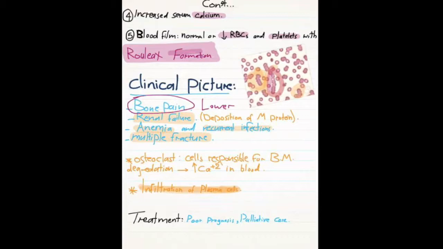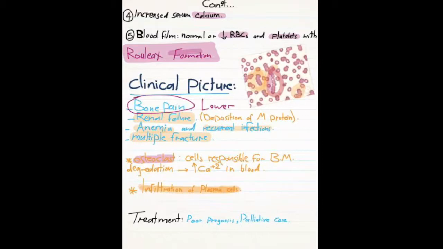So we'll have bone pain and hypercalcemia. Why is that? We know that in the bone marrow we have a cell type called the osteoclast. The osteoclast is a type of cell responsible for the regulation of calcium in the bone marrow, and it regulates calcium by degrading the bone tissue.